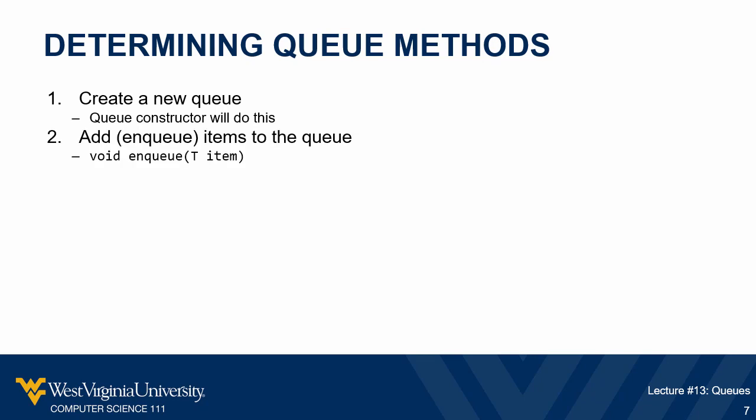We do need to have a method for being able to add items to the queue. This is called enqueuing the item. We're going to name our method enqueue, and it'll take the item of type T that we're trying to add.